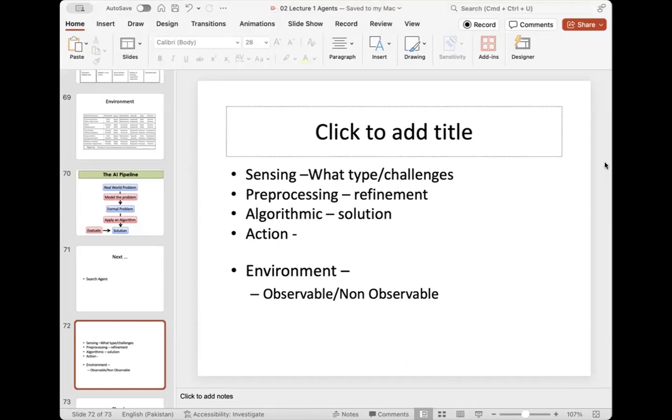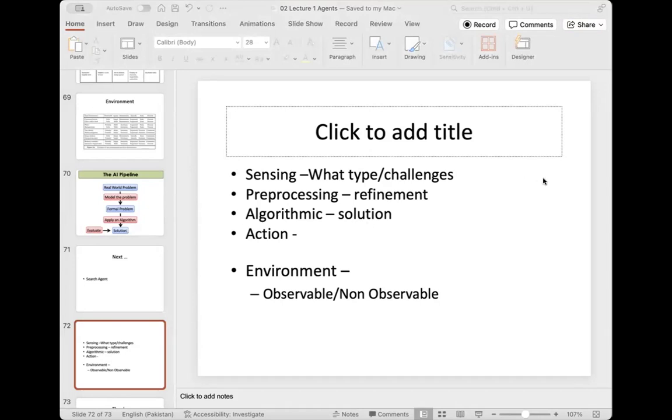If you are in a room and there is a wall in between, the other side is non-observable. What is present in the room is observable. What is not present in the room is not observable. So does your environment contain everything that is observable, or does it contain something which is not observable?